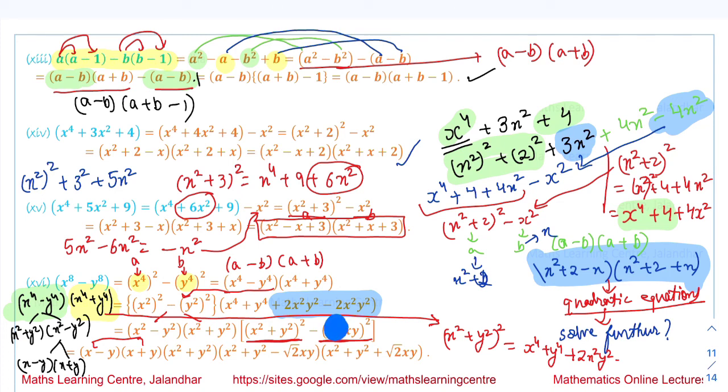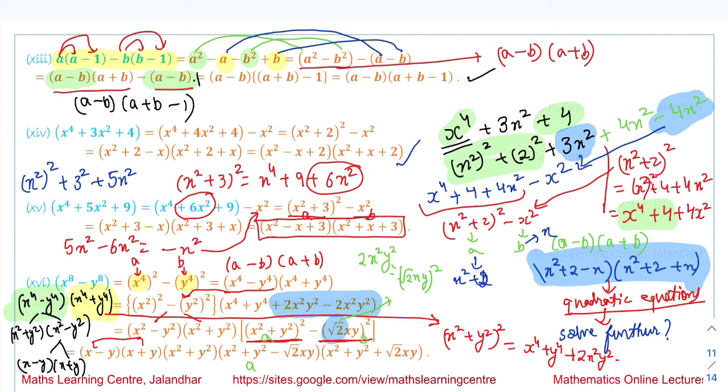This is a different kind of question we have not discussed earlier. So we are saying when it is 2x square y square, we can write it is equal to (square root 2 xy) whole square. Now this is a, this is b.